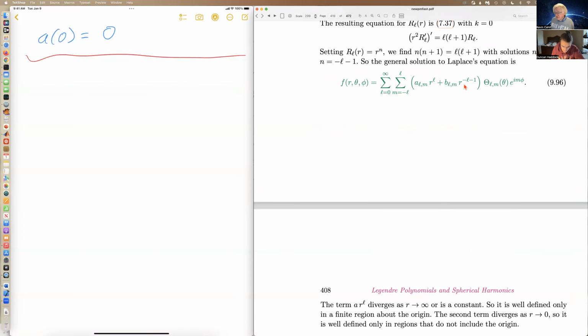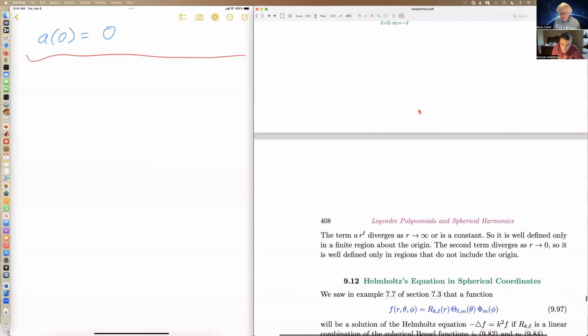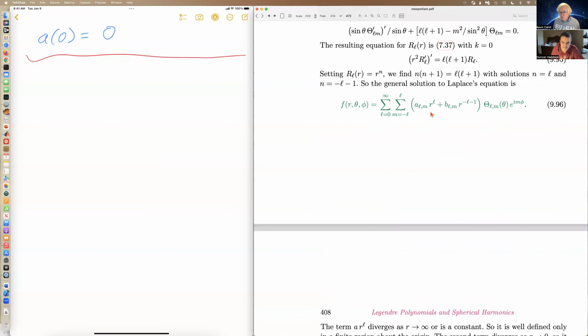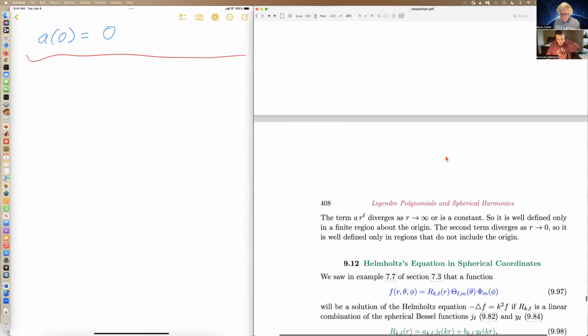This term diverges at r equal to 0, and so you've got to use different functions in different places. You might, for example, have these functions near the origin, and then you might match them onto these functions at spatial infinity.